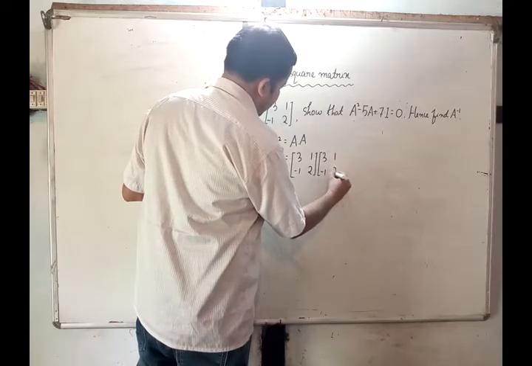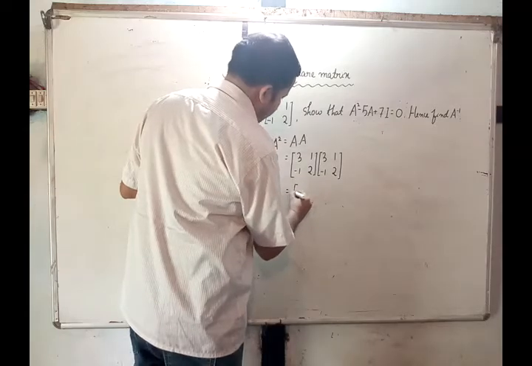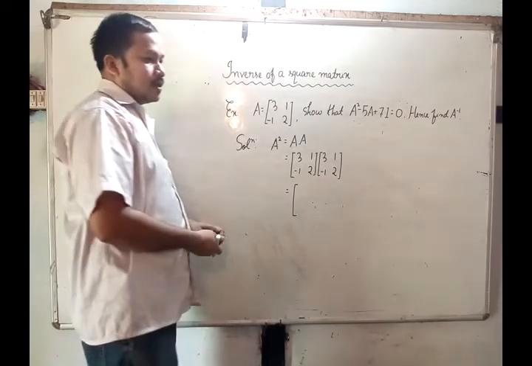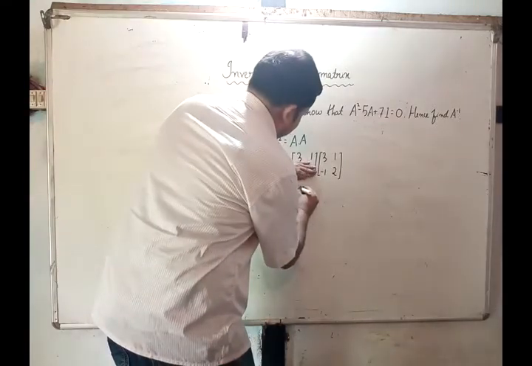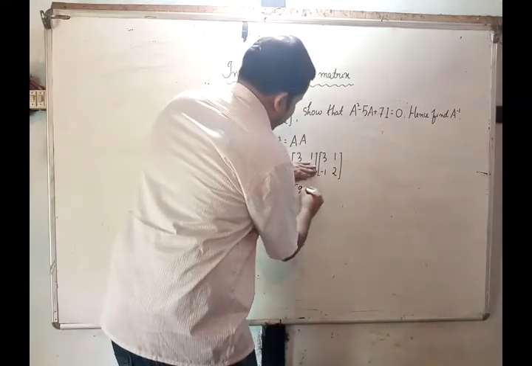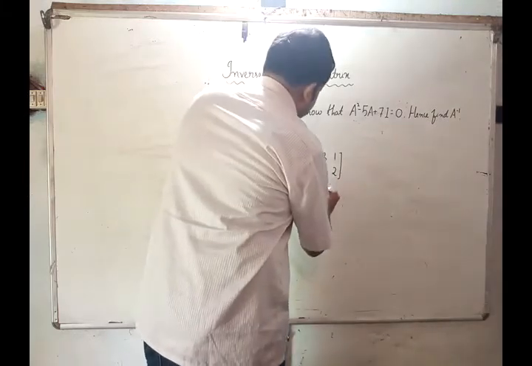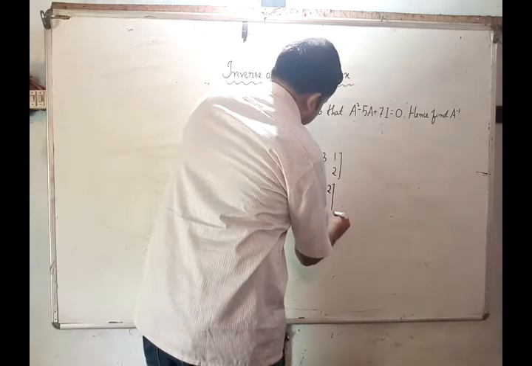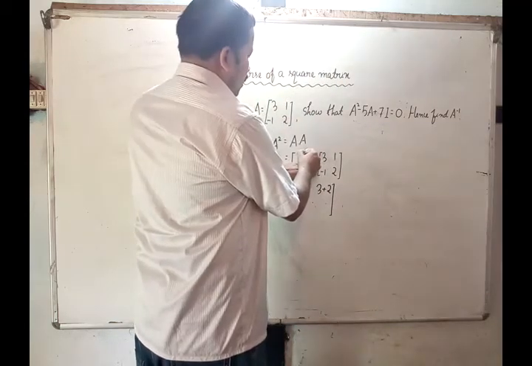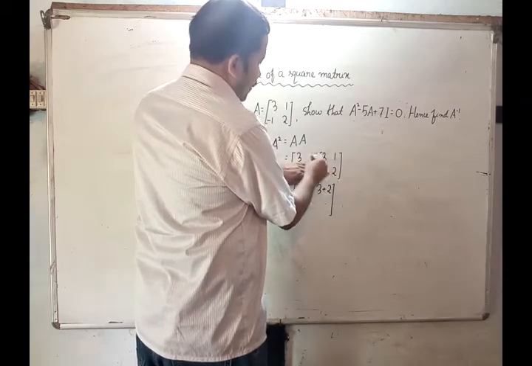In matrix multiplication, first row first term: 3 into 3 is 9, plus 1 into minus 1, minus 1, gives 8. First row second term: 3 into 1 is 3, plus 1 into 2, gives 5.